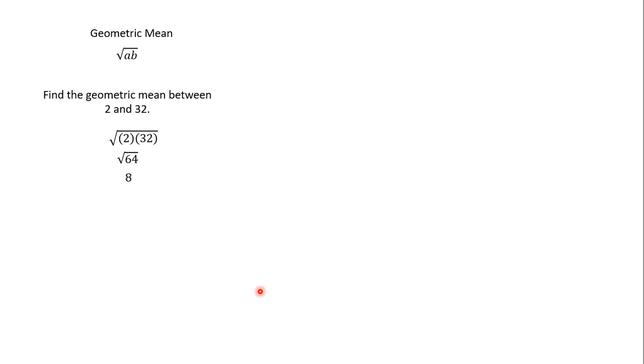Now what is the geometric mean? If we had 2 and then blank and then 32, 2 times 4 equals 8 times 4 equals 32. And so it's the middle point of that geometric sequence.